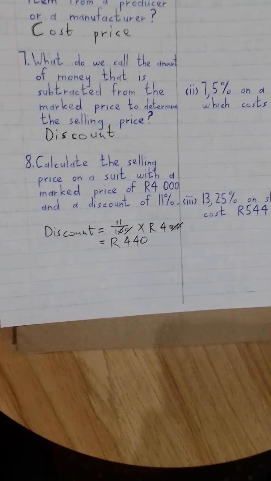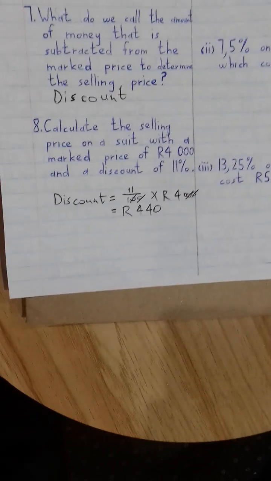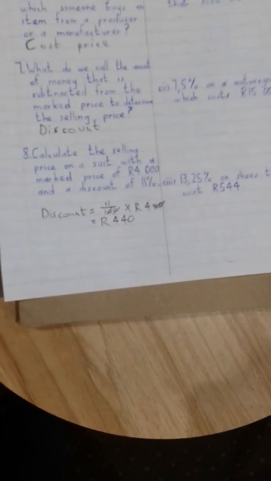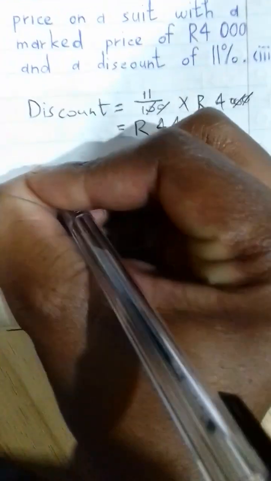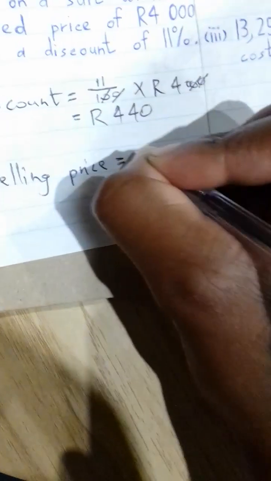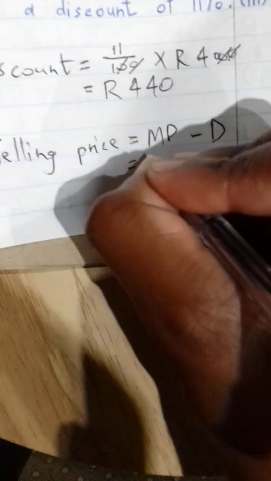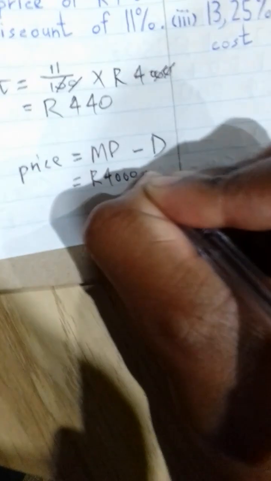440 rands, right? So selling price is marked price minus discount. Marked price is 4,000 rands minus 440.